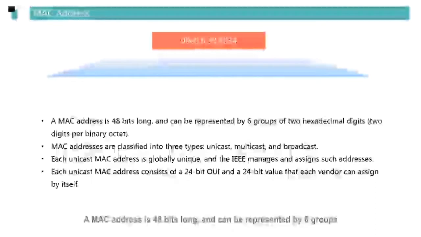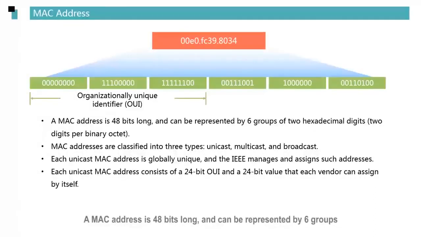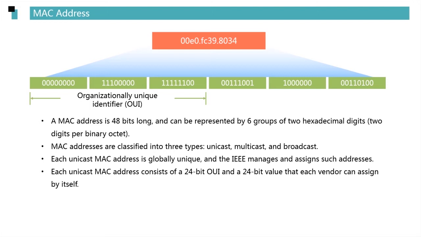A MAC address is 48 bits long and can be represented by 6 groups of 2 hexadecimal digits, 2 digits per binary octet. MAC addresses are classified into 3 types: unicast, multicast, and broadcast.